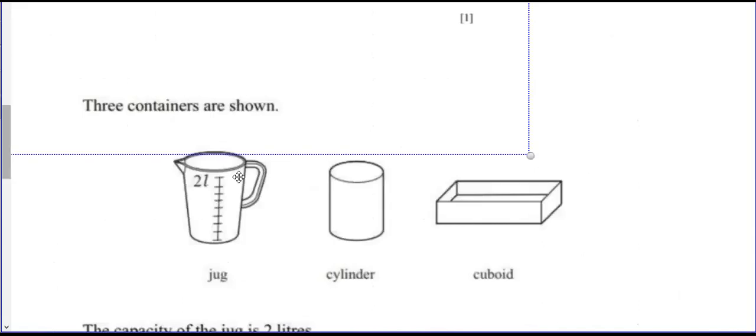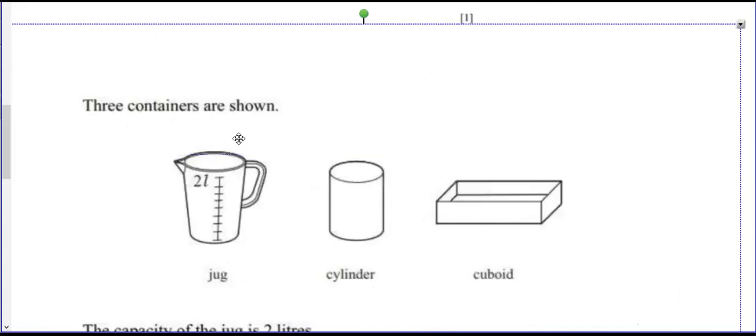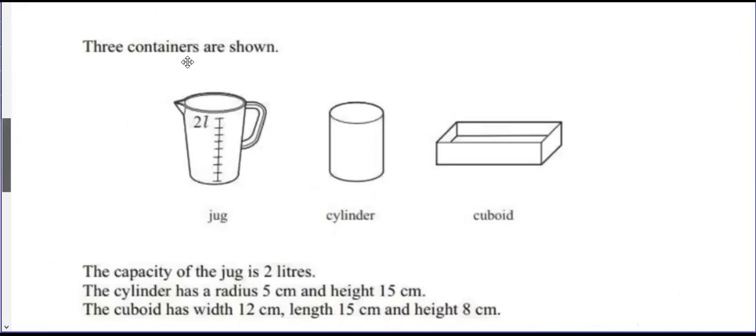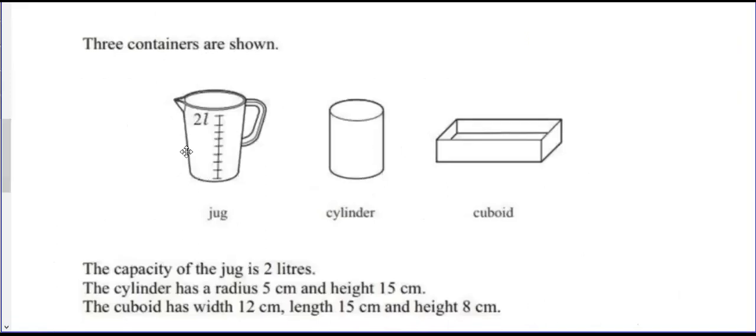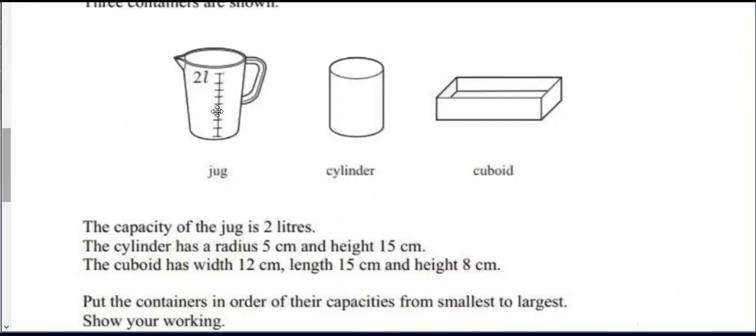The next question here is, you are given 3 containers, which are shown below. We have a jug, which has a capacity of 2 liters. You can see 2L means 2 liters. And we have a cylinder, which has no dimensions, and we have a cuboid.